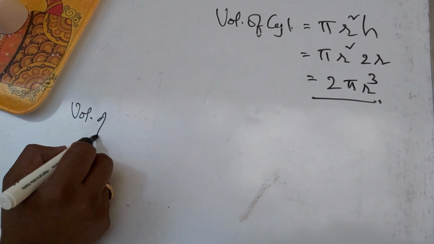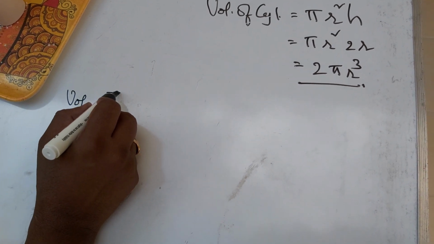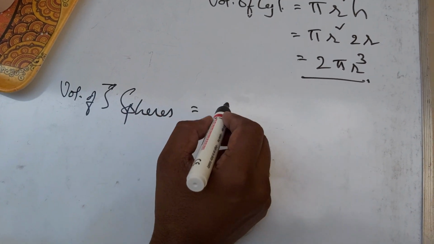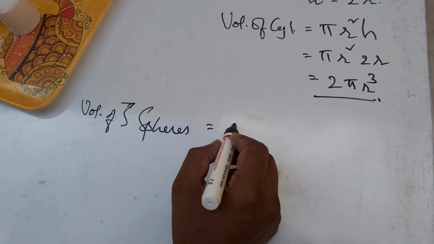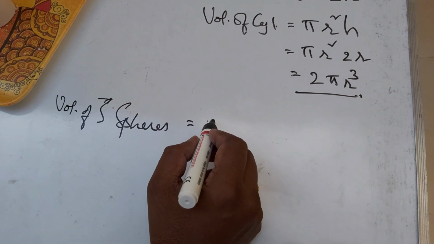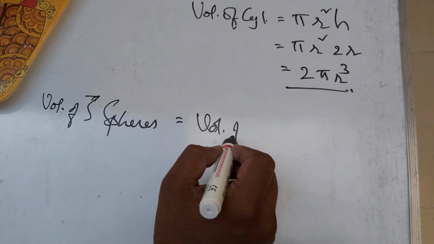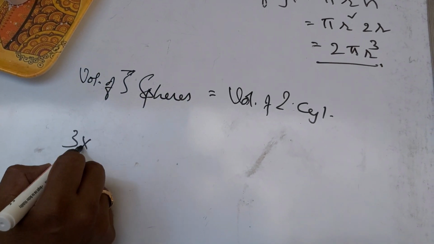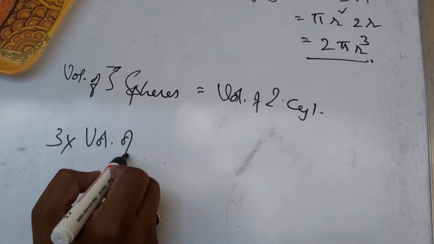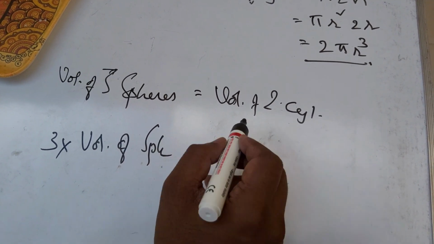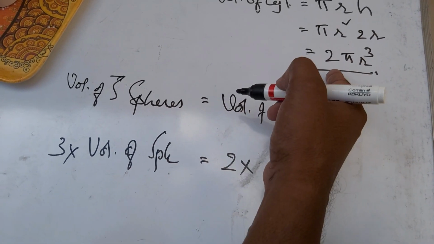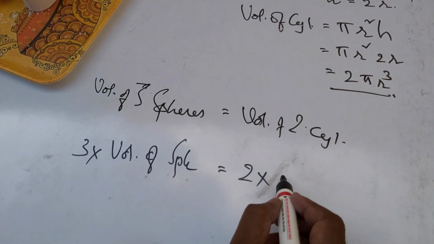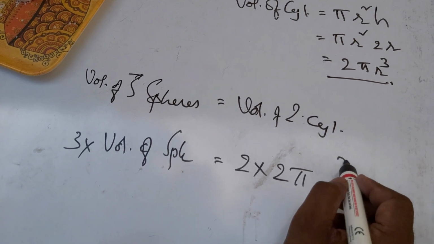Volume of three spheres is equal to the volume of two cylinders we have filled. Volume of three spheres means 3 into the volume of a sphere. 3 into volume of sphere is equal to 2 into the volume of one cylinder. Here we have written the volume of one cylinder as 2 pi r cube.